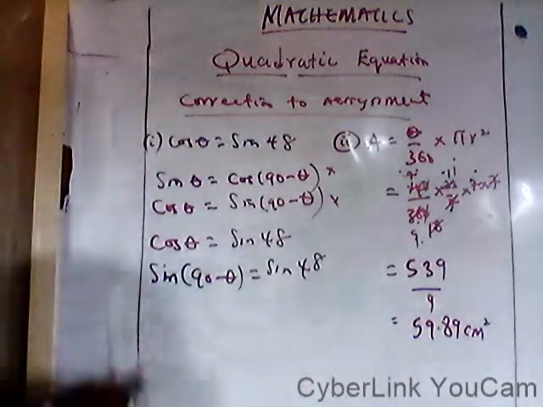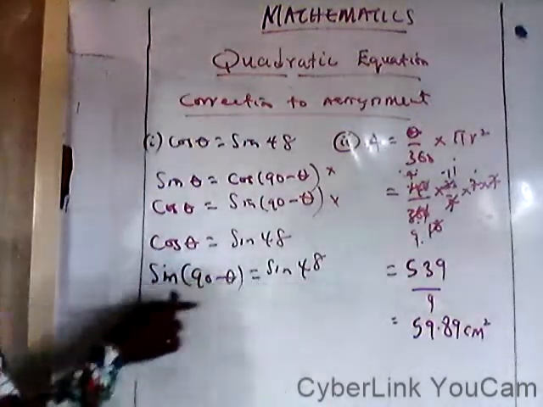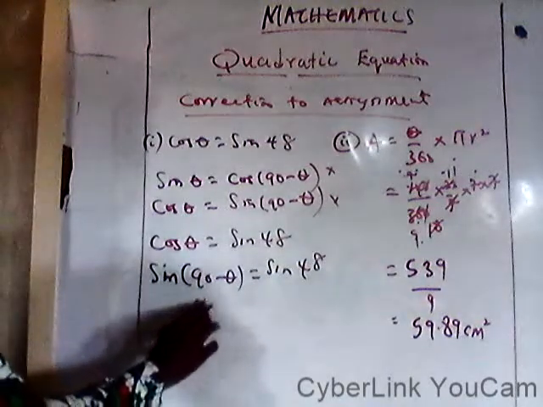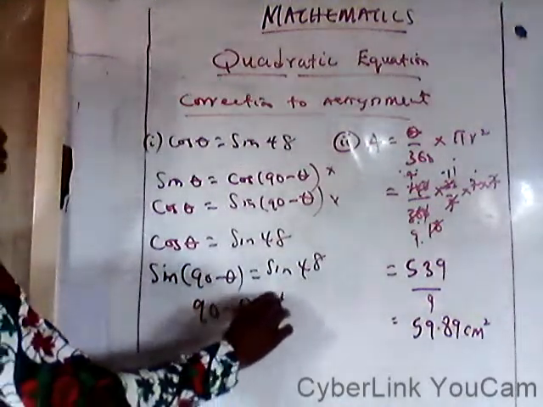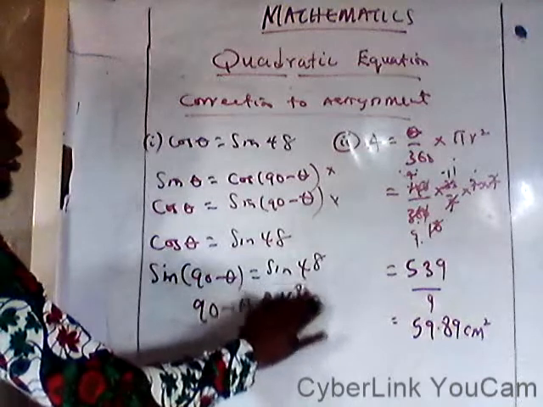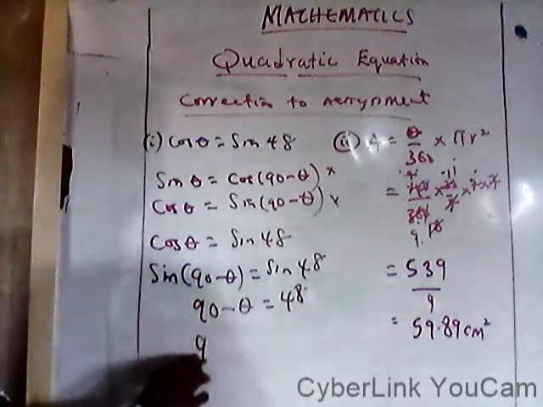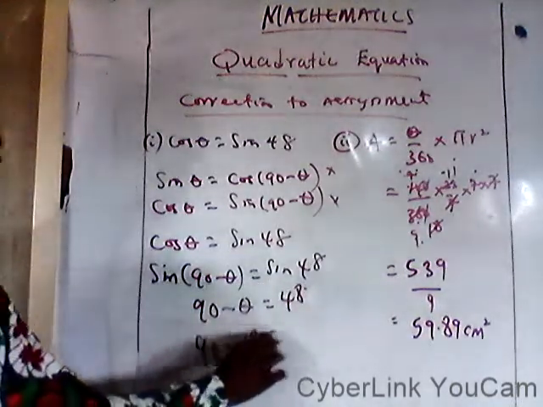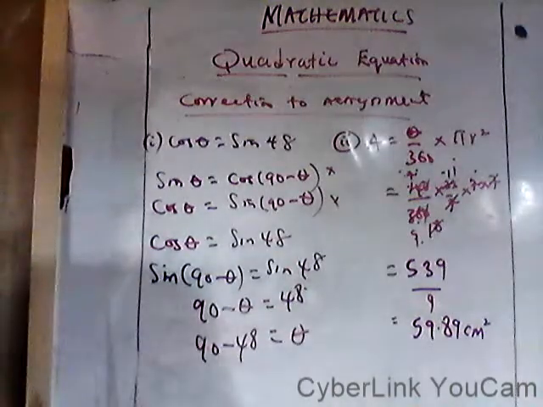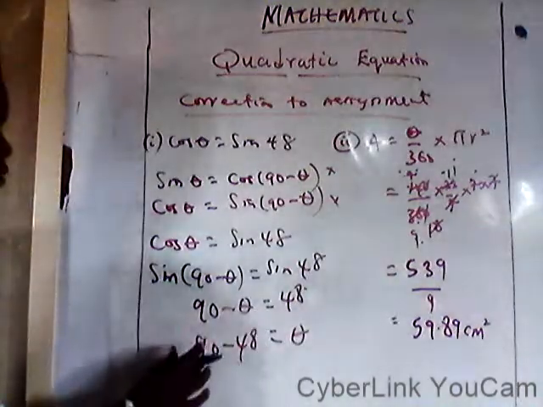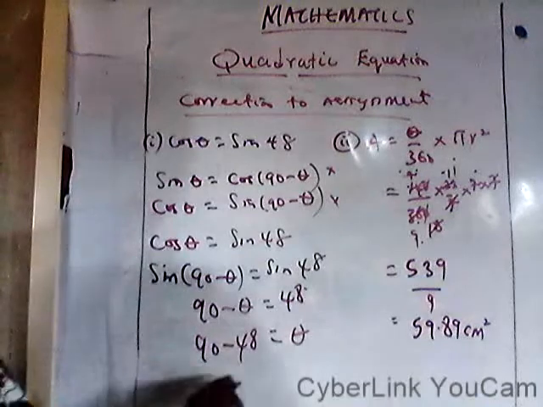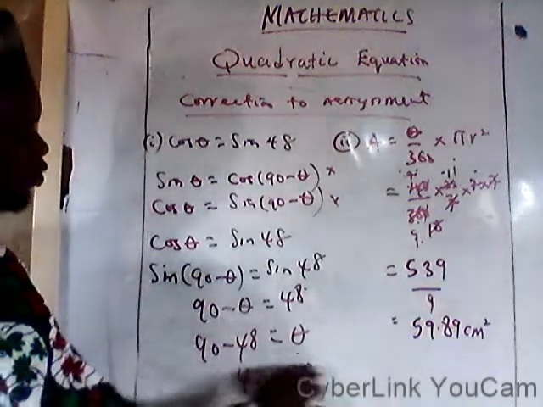If that is the case, you can assume that sine will cancel sine. So what you now have left is 90 minus theta equals 48. Collecting like terms, you have 90 minus 48 equals theta, right? And what is your theta? 90 minus 48 will be 42. And that will be your theta.